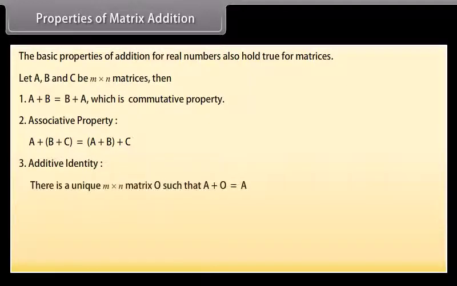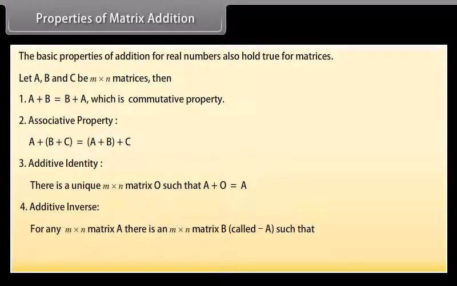There is a unique m by n matrix O such that A plus O is equal to A. Additive inverse. For any m by n matrix A, there is an m by n matrix B called minus A such that A plus B is equal to 0.